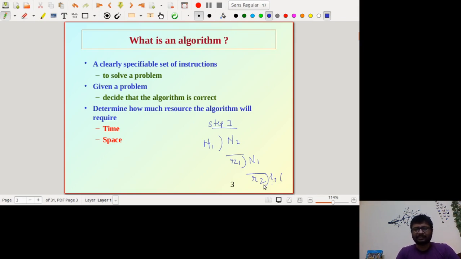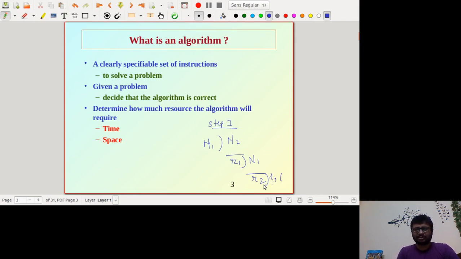Here I described the algorithm in language and took some small symbolic example, n1, n2, r1, etc. There are more formal and well-defined ways of describing algorithms, for example, by a flowchart or by a pseudocode.